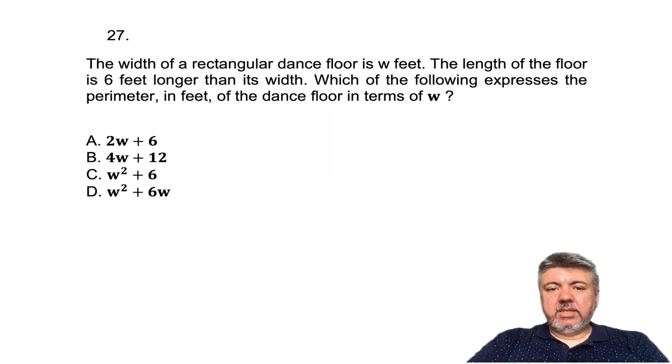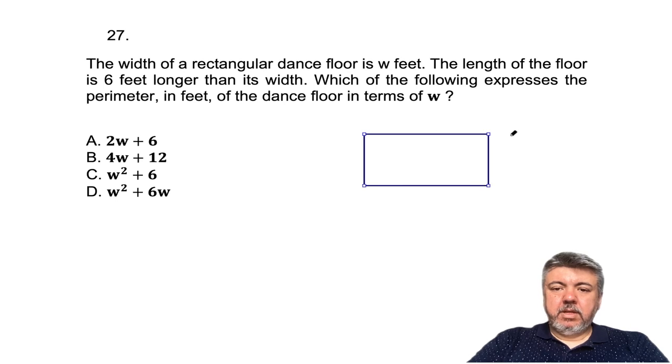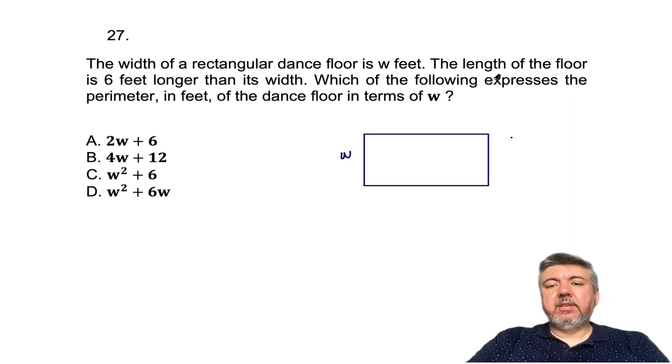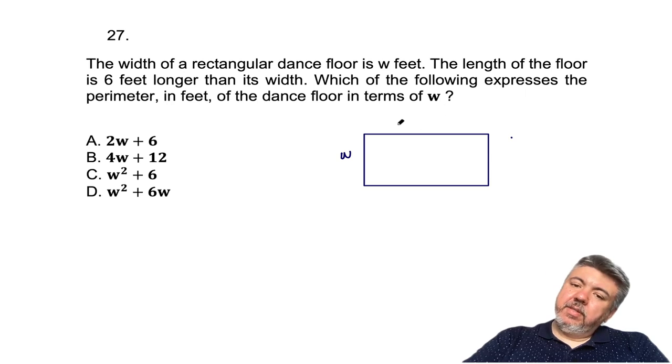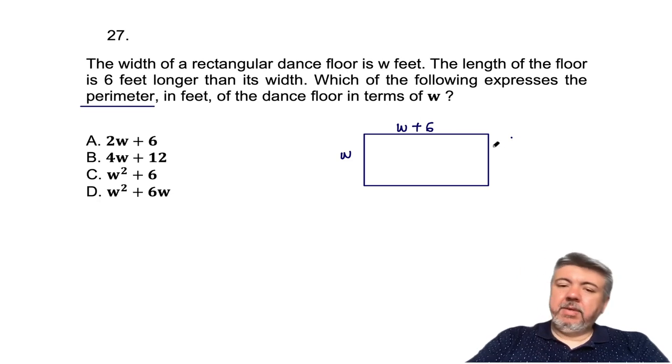Question 27. The width of a rectangular dance floor is W feet. Let me draw something like that, the width and length. The width is W. The length is 6 feet longer, that is W plus 6. Which of the following expresses the perimeter in feet? Okay, perimeter.